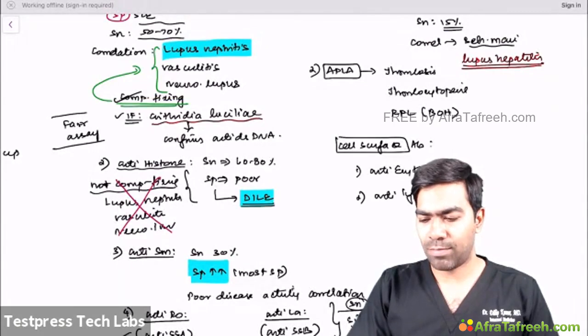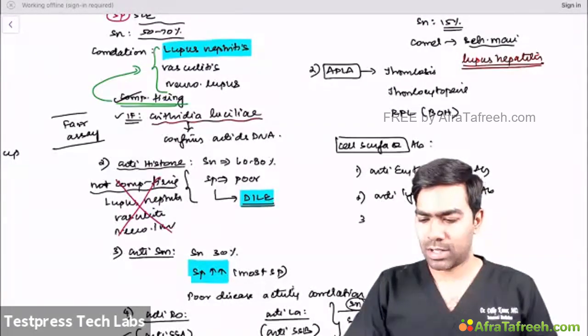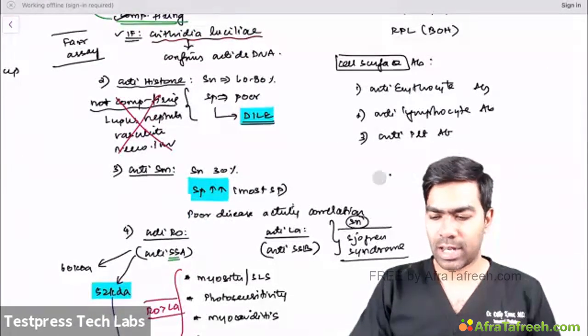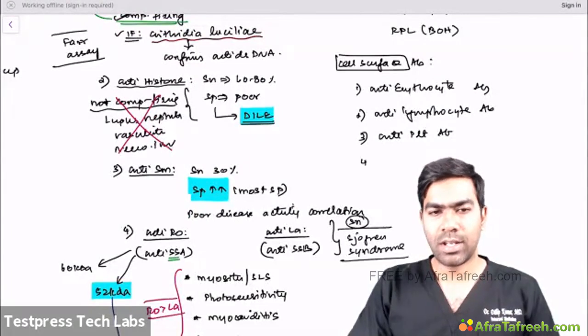Then we have anti-lymphocyte antibodies that correlate with the leukopenia and lymphopenia that you see in SLE patients. And we have anti-platelet antibodies, which correlate with the presence of thrombocytopenia, that is secondary ITP in patients with SLE.